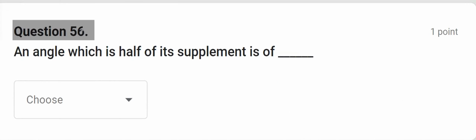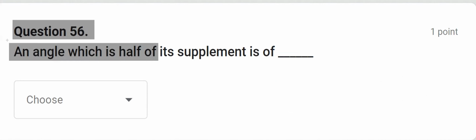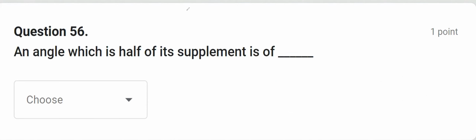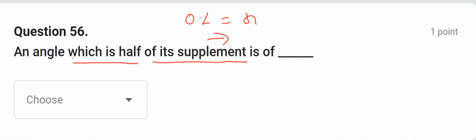In question number 56, it says an angle which is half of its supplement. Let's say the original angle is x, and its supplement is half of it, that is x by 2.